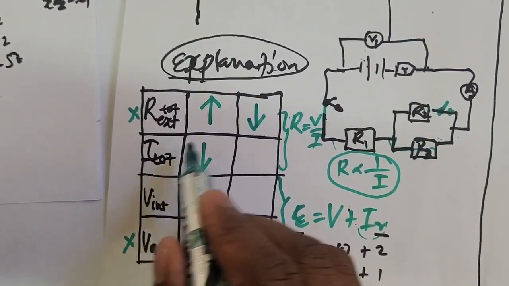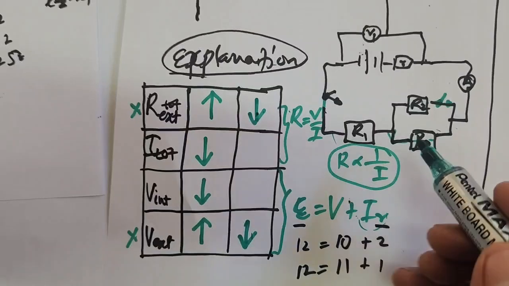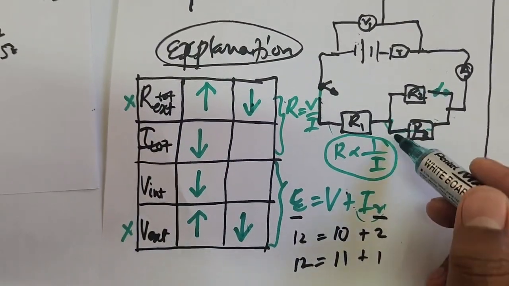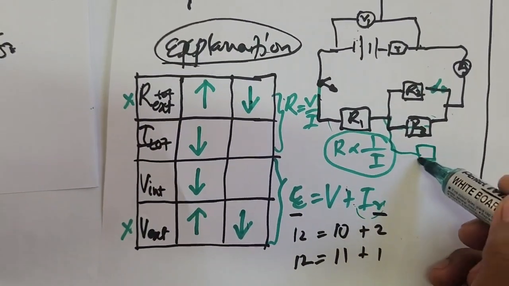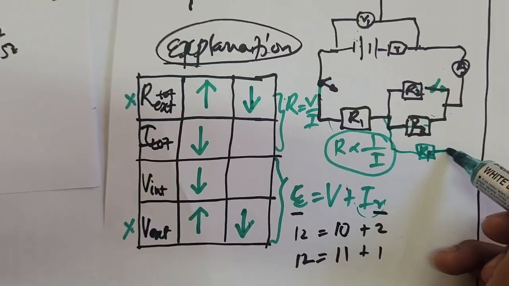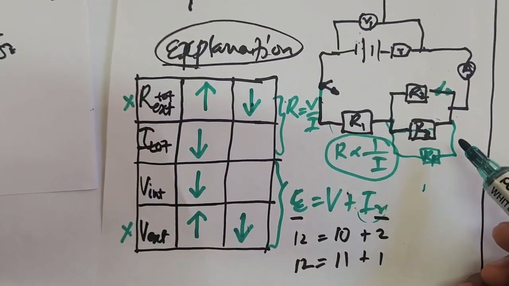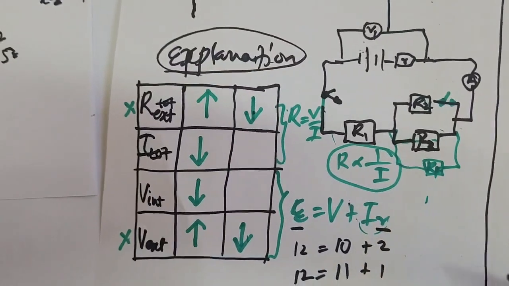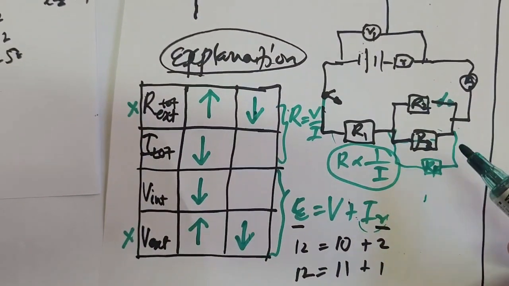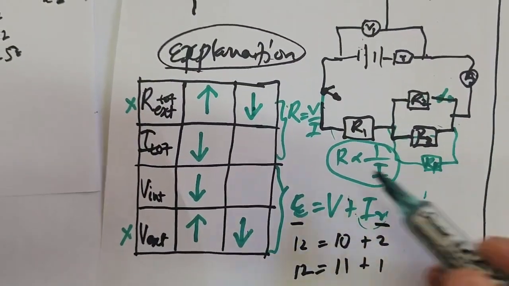Therefore, in this case, let's say I connect one more resistor here in parallel, R4. The more resistors are connected in parallel, the smaller the effective resistance in this parallel. Therefore, the total resistance of the circuit will decrease.